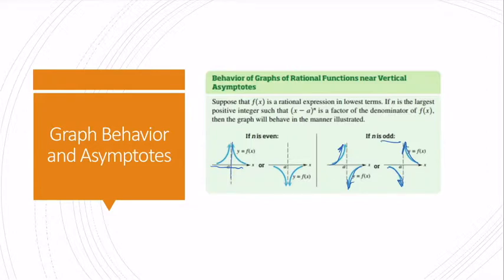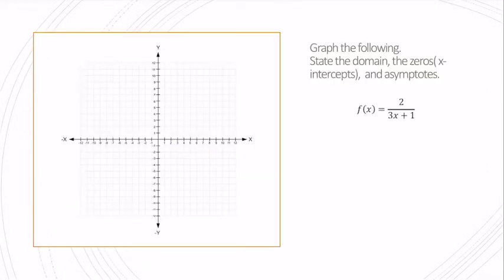So if I have f of x equals 2 over 3x plus 1, we found its asymptotes earlier, right? So its vertical asymptote is going to be my denominator set equal to 0. I subtract 1 from both sides. I get 3x equals negative 1.